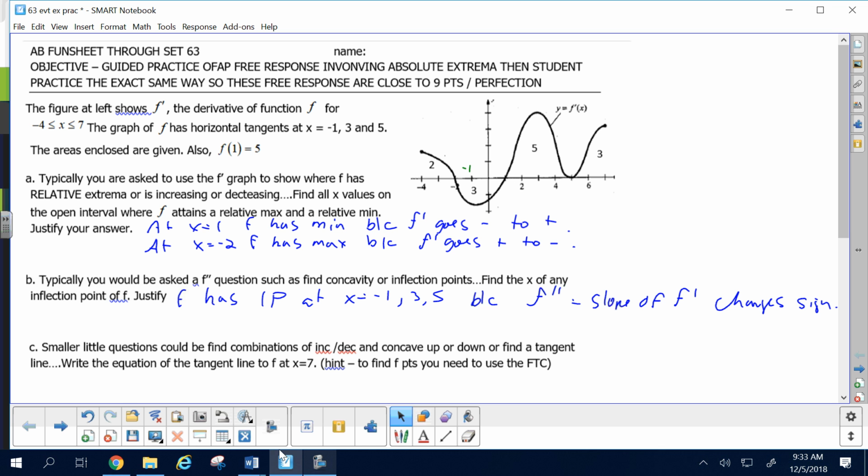Just go ballpark. It's also good practice, even if you're not sure how to do all of it. For example, you can find the slope and not the point. Do what you can, and at least get some credit. Scratch and fight for some points. Oh, f at 1. We know f.